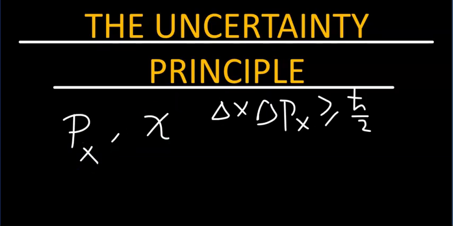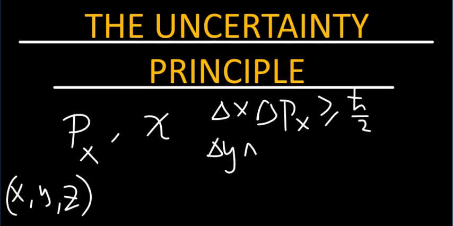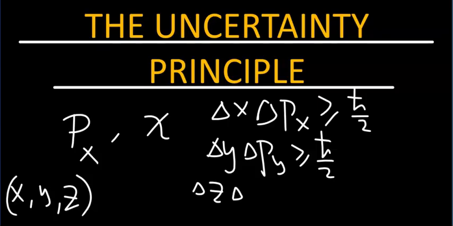So in a three-dimensional situation with coordinates x, y, z, there is an uncertainty relation for each coordinate and its corresponding momentum component. For example, the y counterpart uncertainty is written like that. The z component uncertainty is written like that.